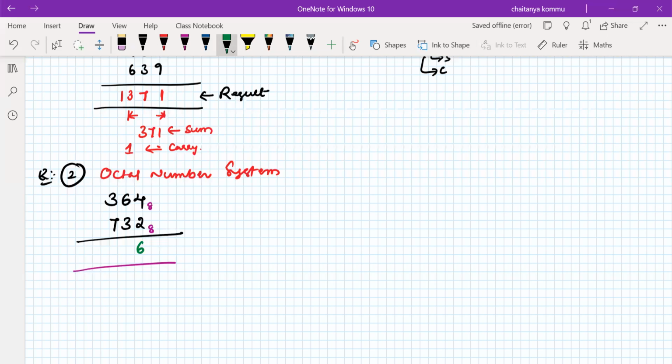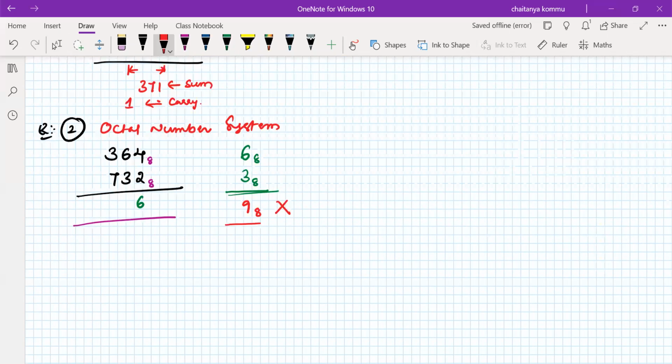When 6 and 3, the first 6 of radix 8 and 3 of radix 8, what will we get here? In general, from the decimal point of view, what is this value? 9. Is 9 valid in the octal number system? No, it is not a valid number. So how do we do this?